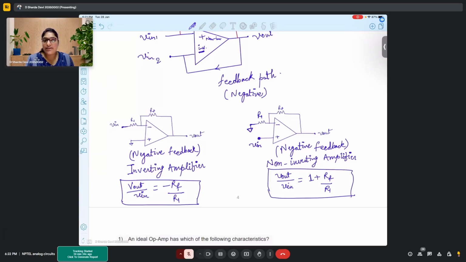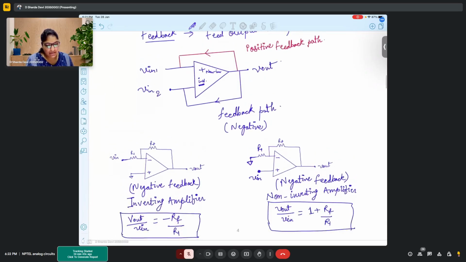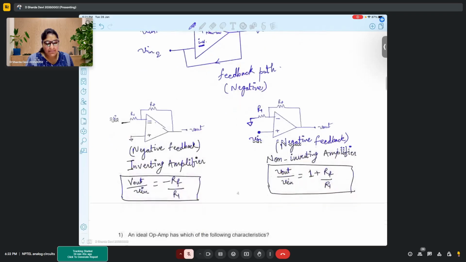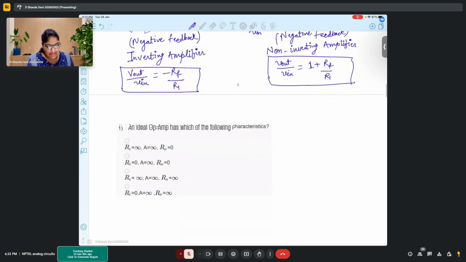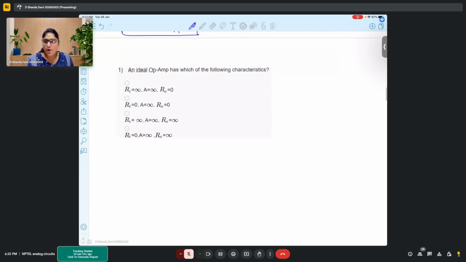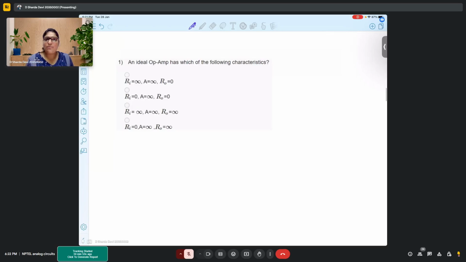And in non-inverting amplifier, you would not see any phase shift. So the phase shift is 0. Okay, so this is the basics of op amps. Now, maybe we can start with the problems, and in each problem, as we come across the concepts, I can explain them to you parallelly.